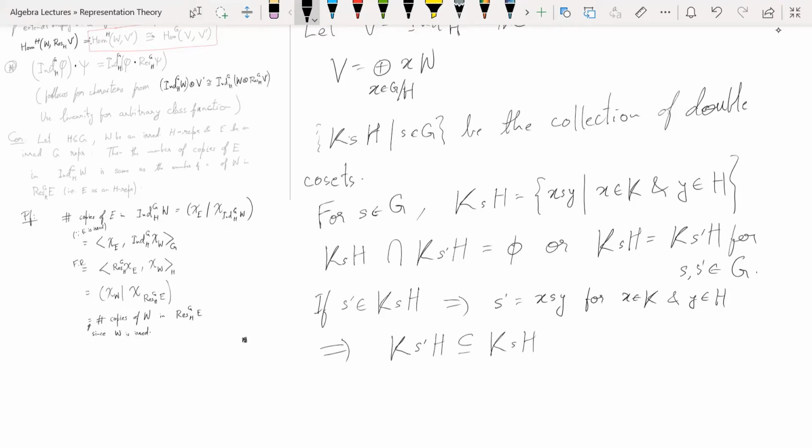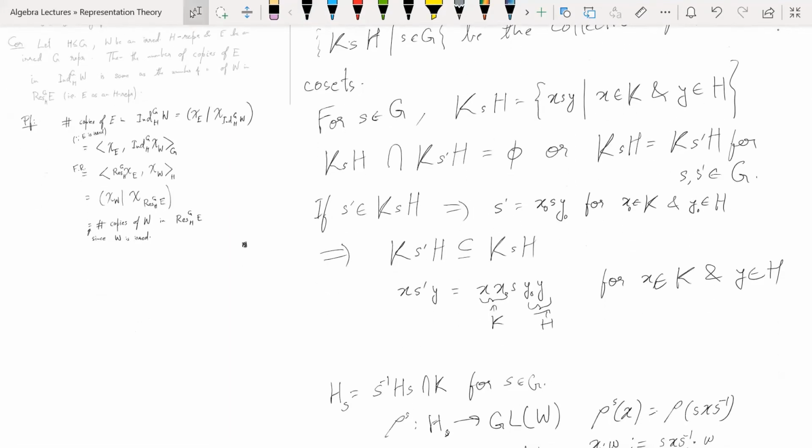Because a typical element on the left hand side, x s' y, is then equal to x x_0 s y_0 y for x in K and y in H. And of course this is again in K because K is a group, and this is in H because H is a group. So this belongs here.